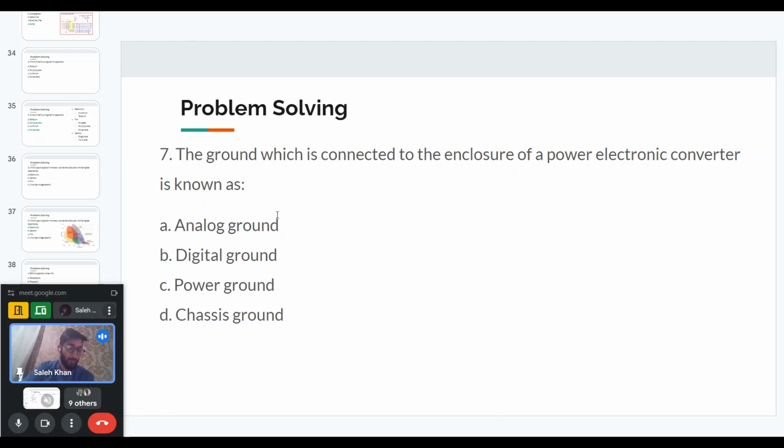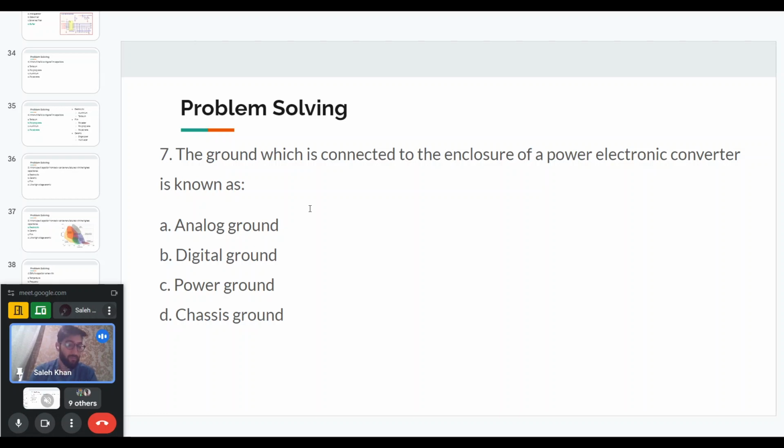These are usually at low power and low voltage and current. In between them, the analog portion of the circuit can have different values between 0 and some 5 volts, or 12 volts, or 3 volts, whatever the case.